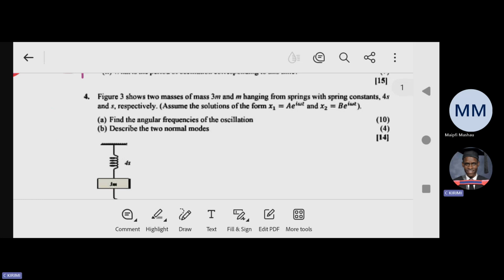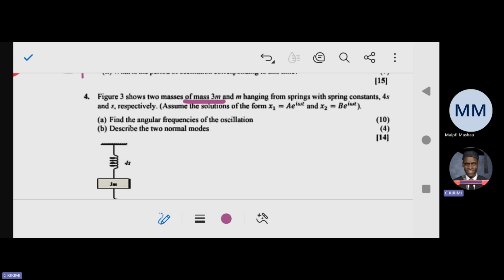So the figure shows 2 masses, which means the first mass is 3M. It was not given in kilograms, the unit is just 3M.